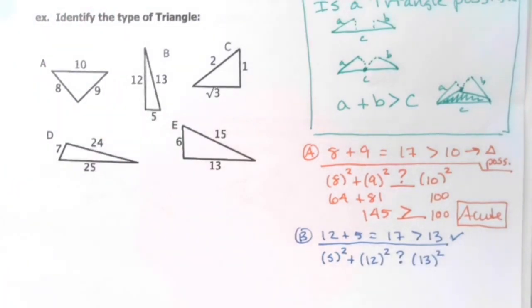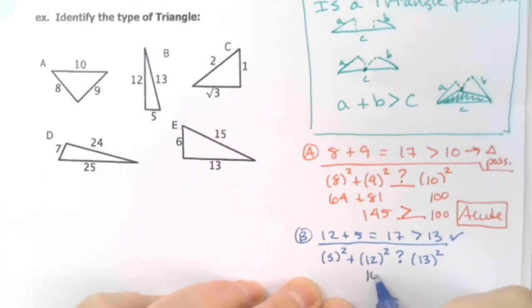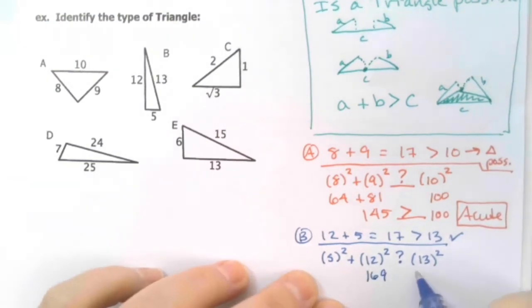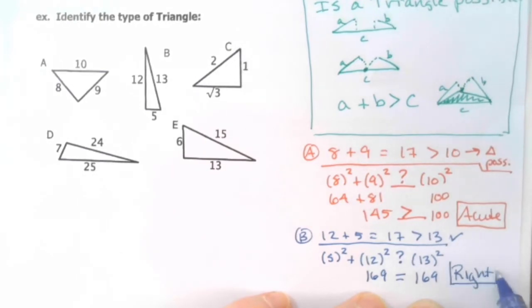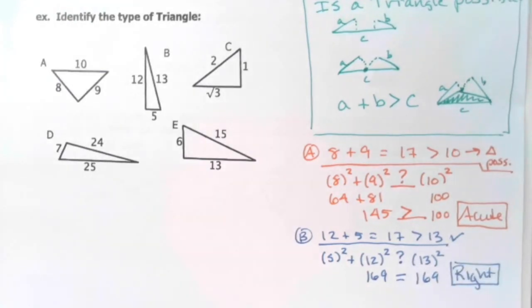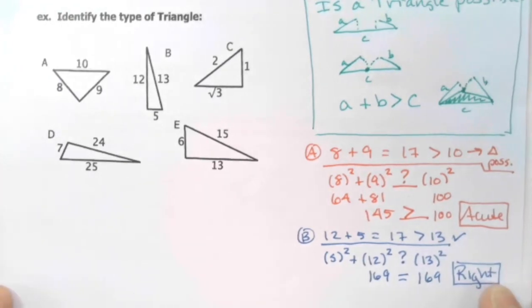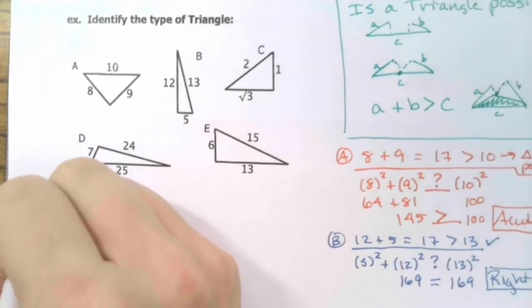Well, 5 squared is 25, 12 squared is 144. Add them together, you get 169. 13 squared is also 169. So they are equal, which means this is a right triangle, because a squared plus b squared was equal to exactly c squared.